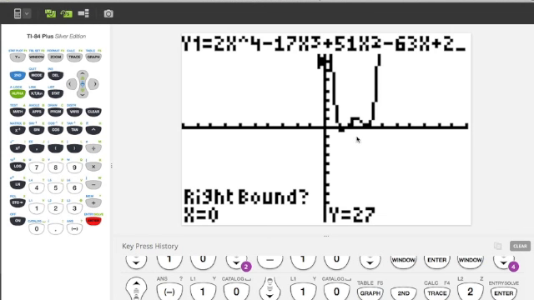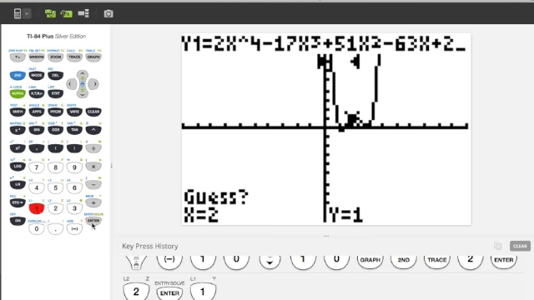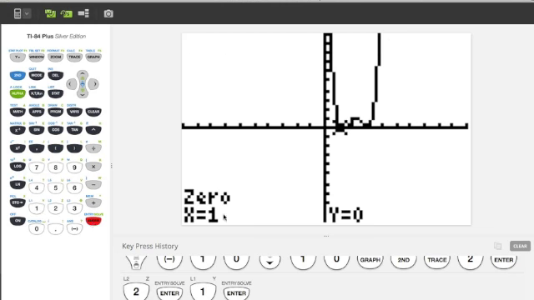Right-bounded. Looks like there may be one here, but I'm not sure. So let's say we're right-bounded at 2. We'll guess that as a 1. We were correct. So remember, 0 is a 1. What if there's another 0 right here? Let's find out.